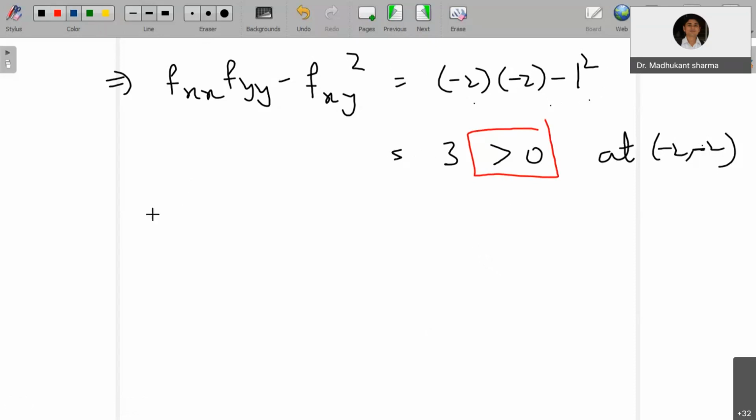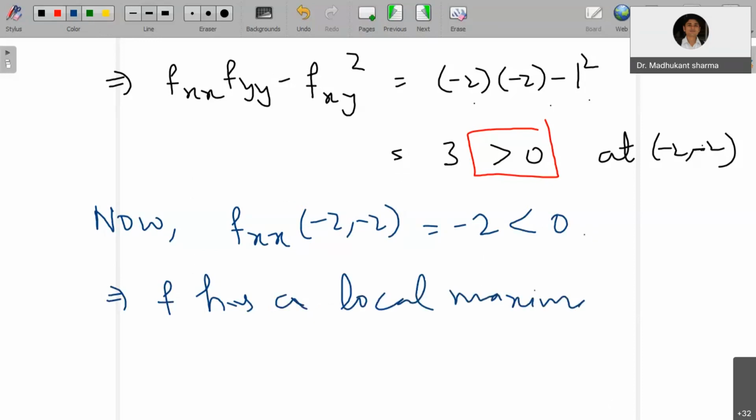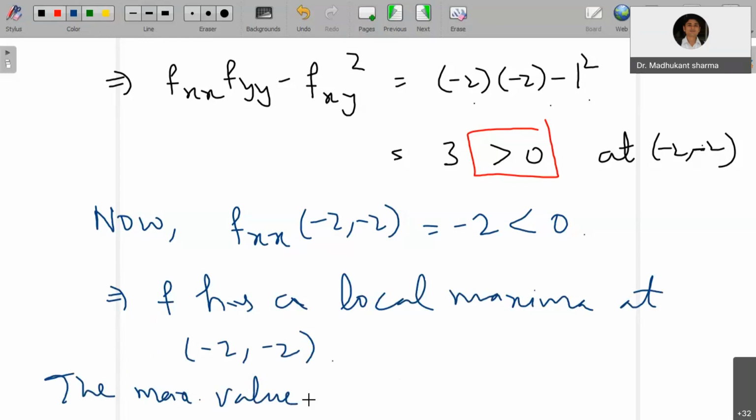Now fxx at minus 2 minus 2 is minus 2, which is less than 0. So the second derivative test theorem tells you that f has a local maxima at minus 2 minus 2. And the maximum value is f at minus 2 minus 2.